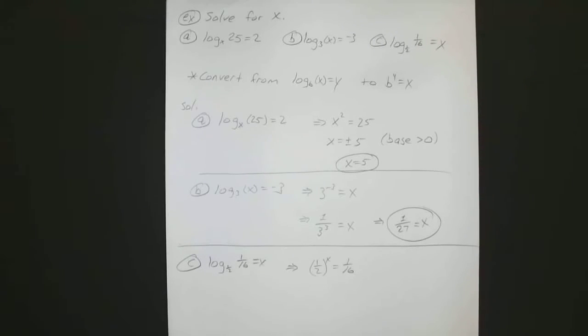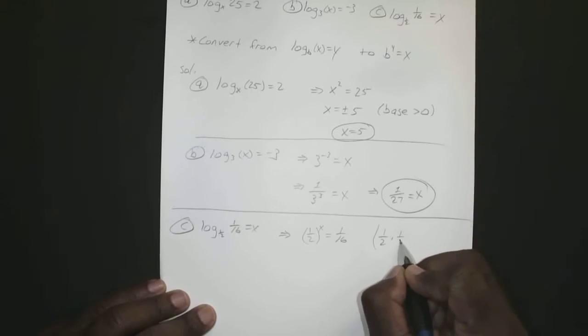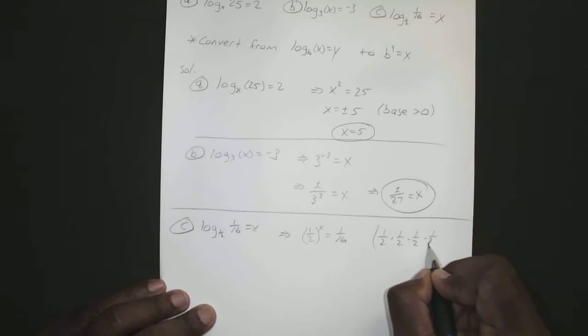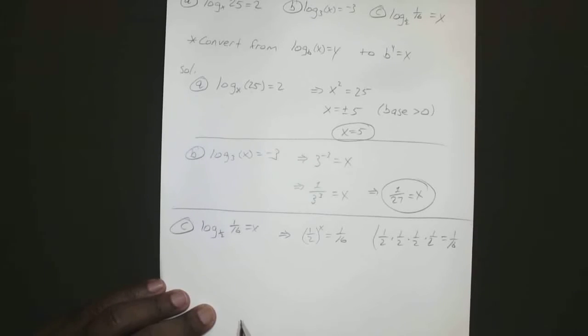Okay, so for this one, we know that 1/2 times 1/2 times 1/2 times 1/2 would equal 1/16. So that means, in this case, x would have to equal 4.